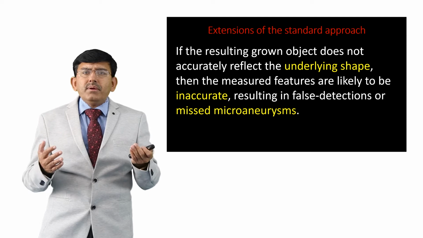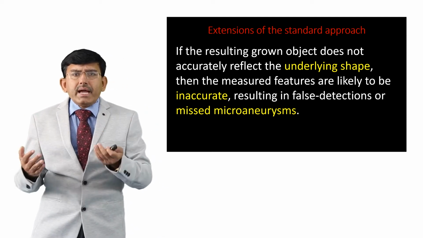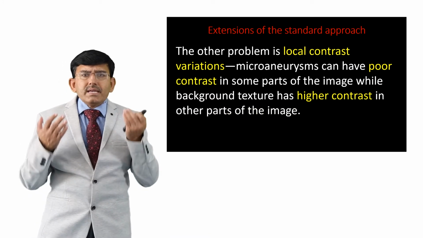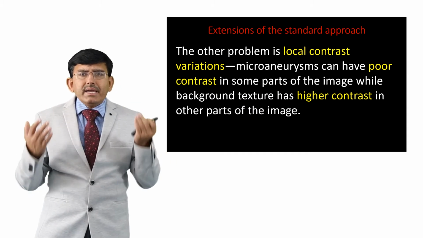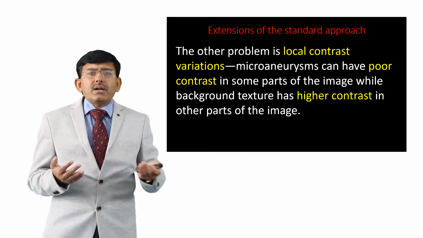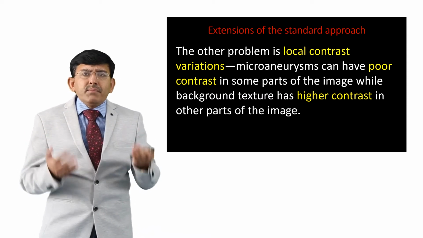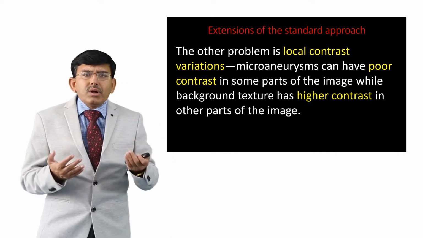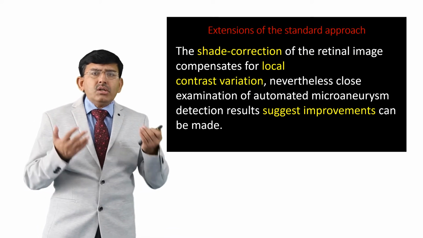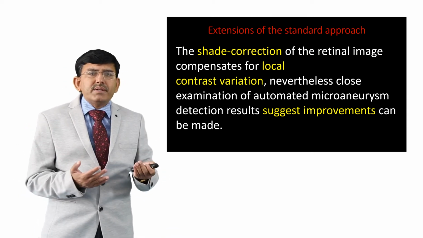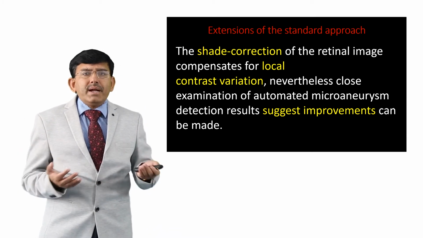The other problem is local contrast variation. Microaneurysms can have poor contrast in some parts of the image, while background texture has higher contrast in other parts of the image. The shade correction of retinal image compensates for local contrast variation. Nevertheless, close examination of automated microaneurysm detection results suggests improvement can be made.